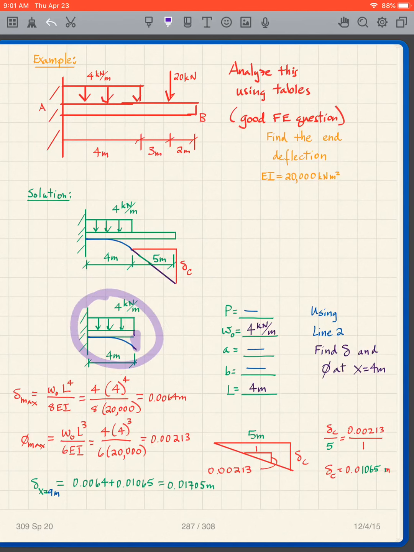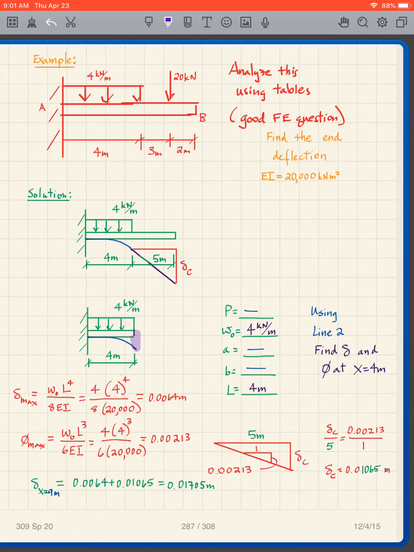So what we're going to do is find the deflection at the end of this beam, and then we're going to extend it outward, and we're going to get the total deflection at the end.